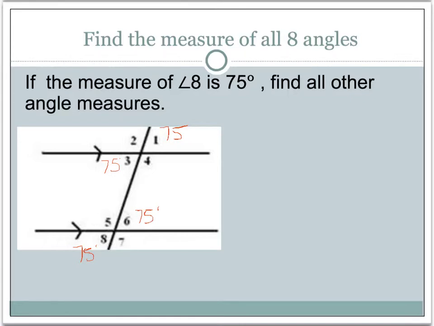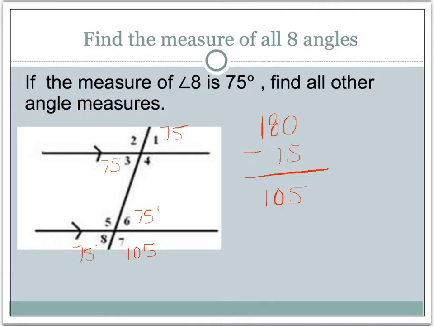Angle 1 and angle 7 are same side exterior angles, and by the same side exterior angle theorem, we know that they are supplementary. So to find the measure of angle 7, we take 180 degrees, because they're supplementary, subtract off the 75 that we already know, and we are left with 105 degrees. So angle 7 would be 105 degrees.